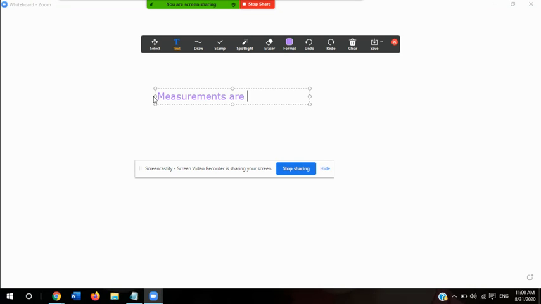Excuse me for my horrible grammar. Okay, so a measurement is pretty much a number, right? Although it does go a little bit more profound than that.